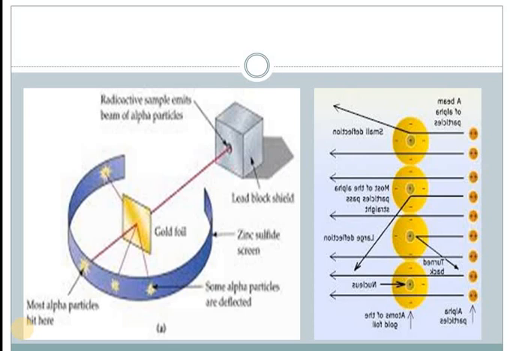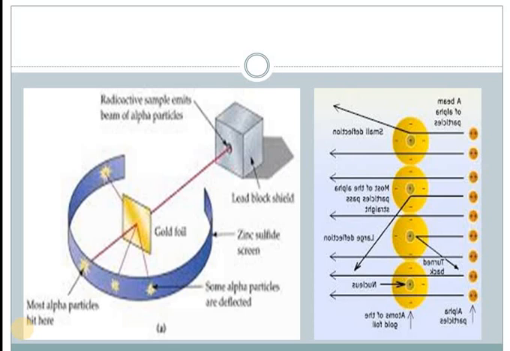Around the gold foil he placed a fluorescent screen, or zinc sulfide screen, so that if any rays hit the gold foil and some rays come out from it in any direction, they can be seen on this fluorescent screen as a glow.